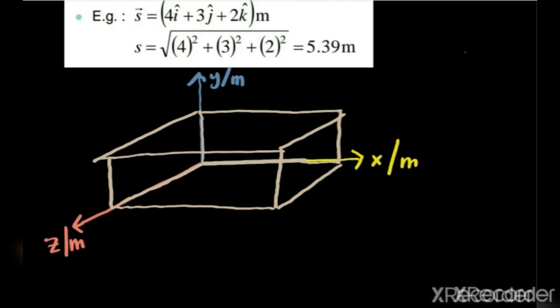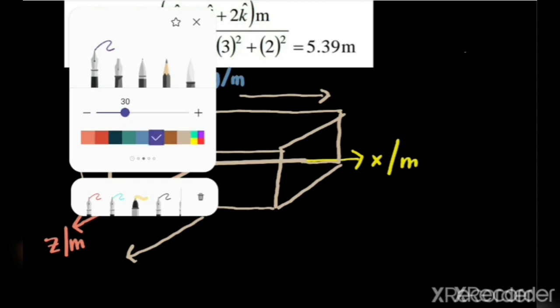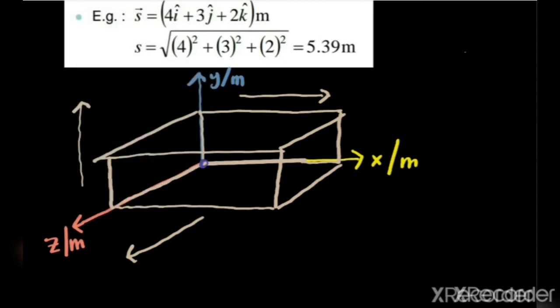Remember, your box is on the right of the x-axis, upward on the y-axis, and in front on the z-axis. So the resultant, or vector S, is from the origin to the point of the box, that is not parallel to any component.